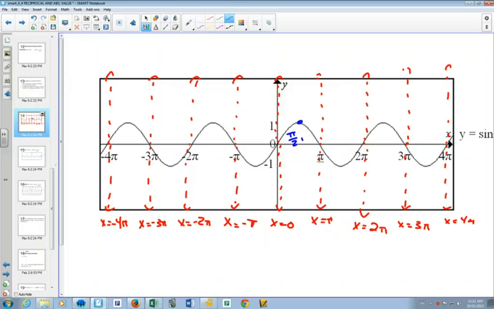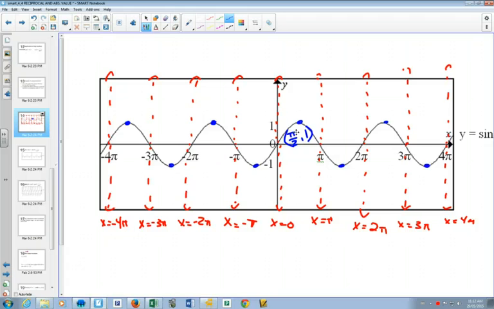Pi over 2, comma 1 is going to stay the same, because we remember that any place where your y value is 1, when you do 1 over 1, it's going to stay the same. So in fact, all of these maximum points are going to stay the same. Does it make sense that all of those minimum points where y is -1 are going to stay the same as well?